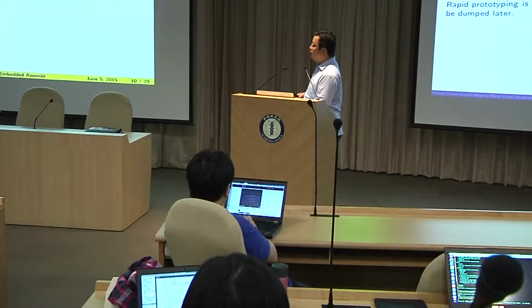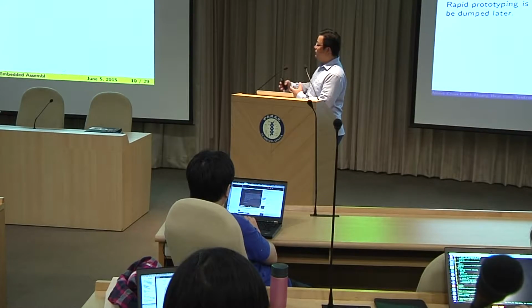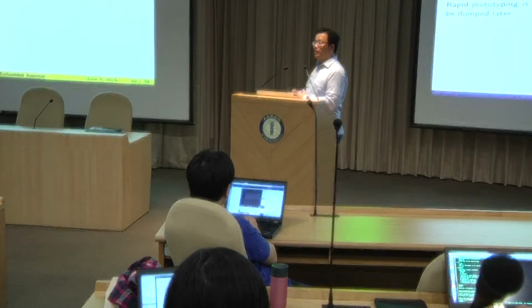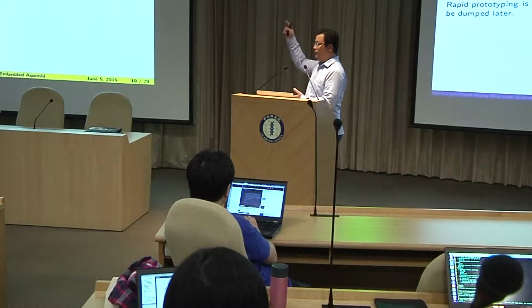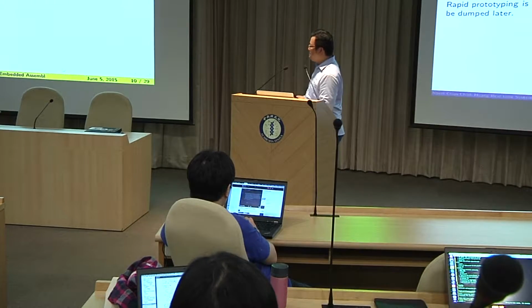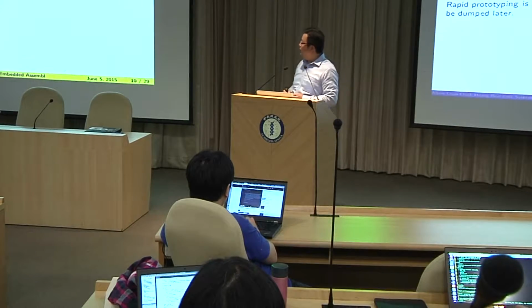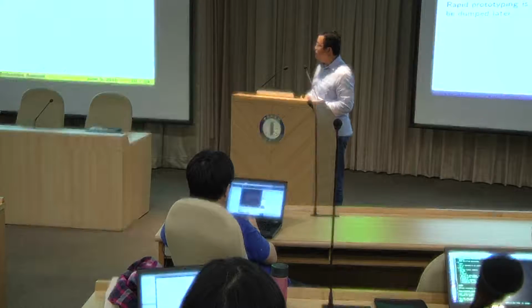So I'll give a definition for rapid prototype. Rapid prototype is like architectural design. I mean, building buildings. A rapid prototype could be building a scale model, and sometimes will be dumped later.